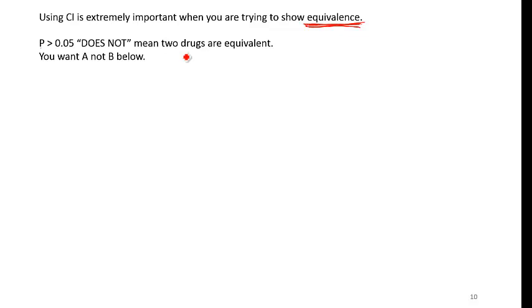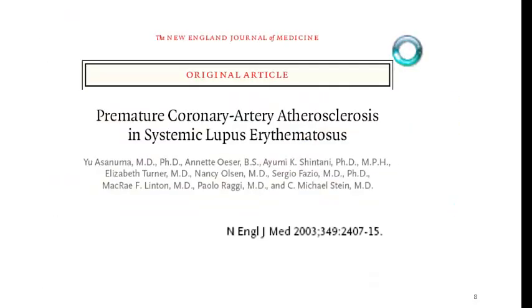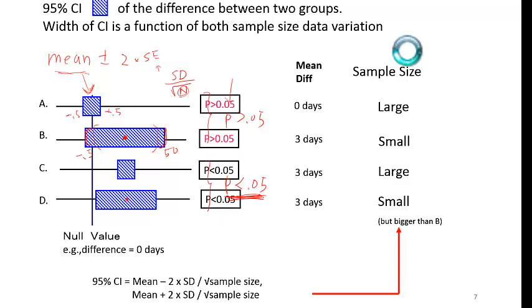Why is that? Because having a large p-value is easy, you just reduce the sample size. So let's do a sample size of 3. Of course, you have a big confidence interval, and that probably includes the null value, and the p-value would be greater than 0.05. Do you really know the scenario B?